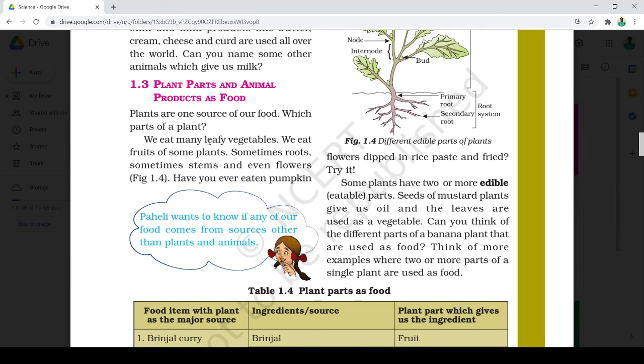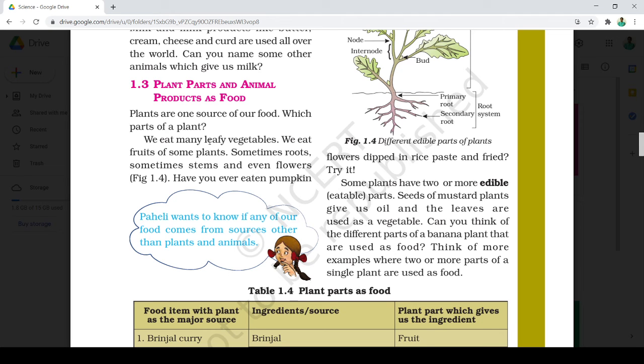Some of them are mango, orange, banana, grapes, etc. Sometimes fruits, carrots, so we eat them. Sometimes stems and even flowers. Did you try eating pumpkin flowers, which are dipped in rice paste and fried? You should try it.